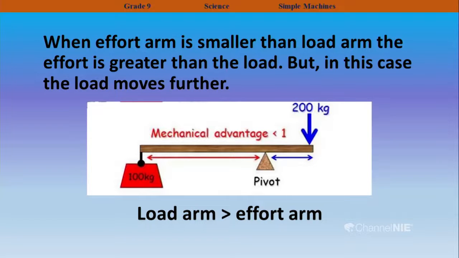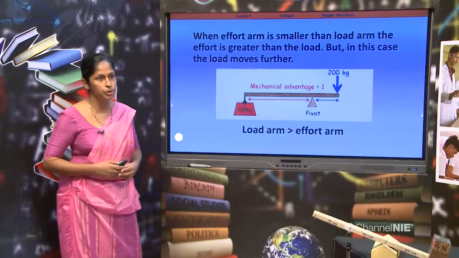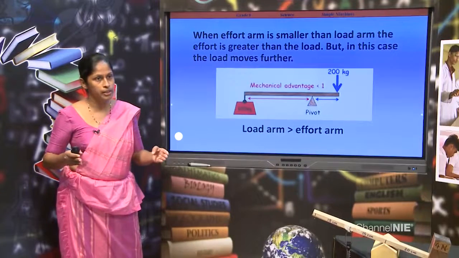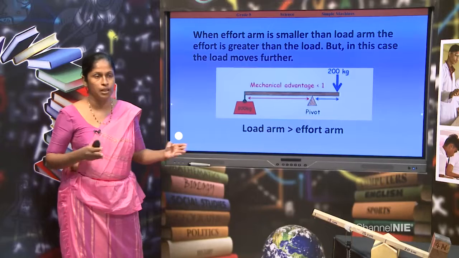So, this is not advantageous. Practically, to reduce the effort, we have to use a much greater effort arm than the load arm. In most simple machines, effort arm is greater than load arm to increase the mechanical advantage and to increase the force that we exert.